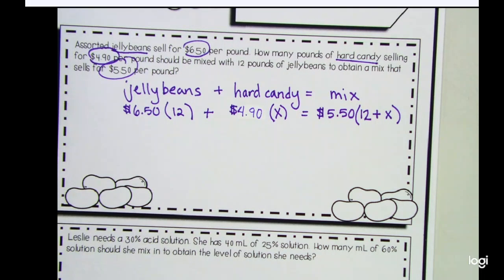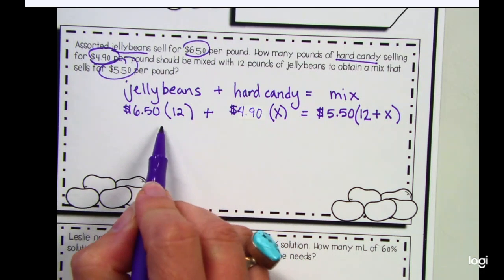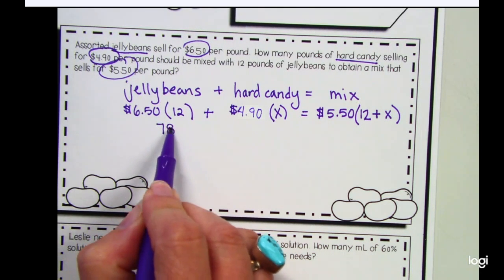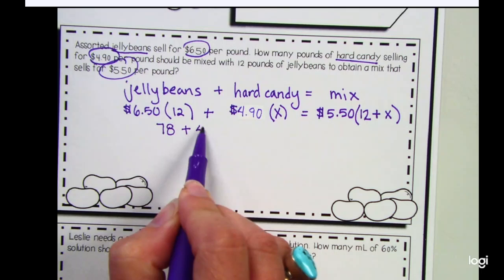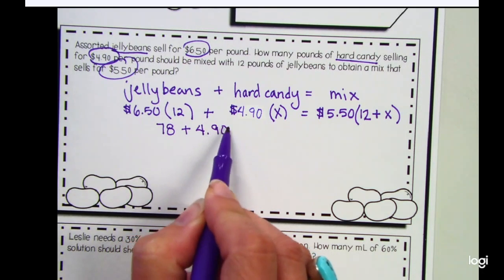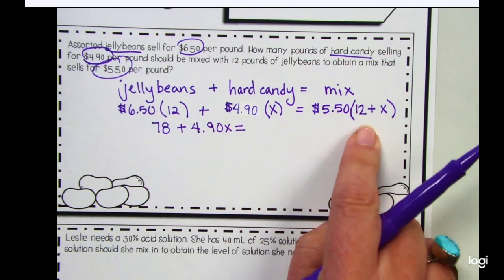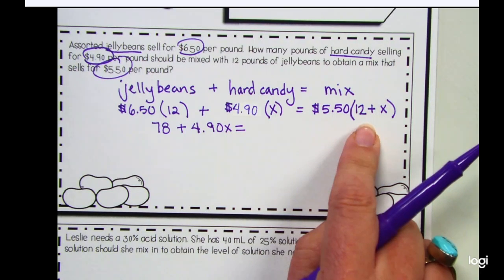All right, so grab your calculators, and let's solve that together. 6.50 times 12 is 78 plus 4.90x equals, what are we going to have to do on the right-hand side?